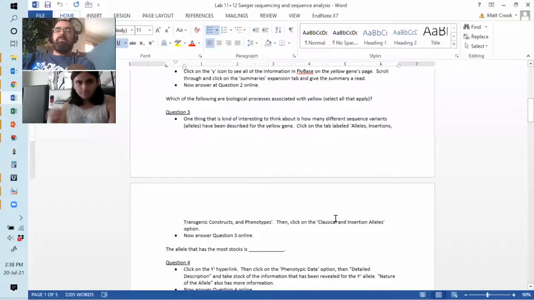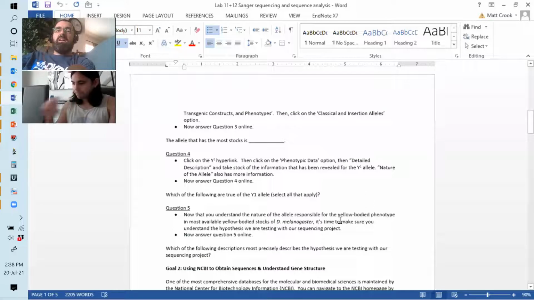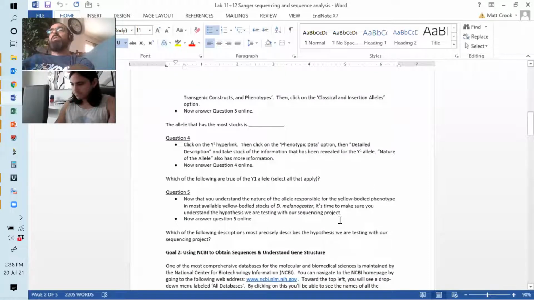And this is what I mean, that all of these questions are really leading you through the process. Don't consider it like a quiz, because we're not trying to see how much you know about this. We're just checking to make sure you've followed the process that we've laid out for you. So you can find all this information another time if you needed to.